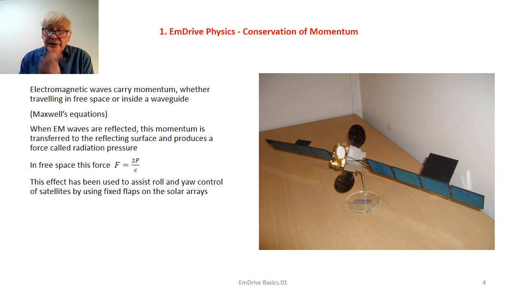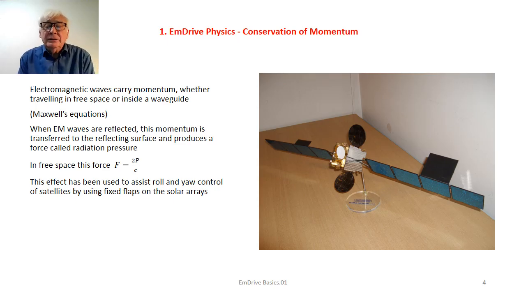Now, to show that this force is real, satellite designers have to take account of the radiation pressure from the sun's rays. And on the Hotbird 2 satellite, which you can see in that photograph of the model there, you can see two additional panels on the solar arrays.